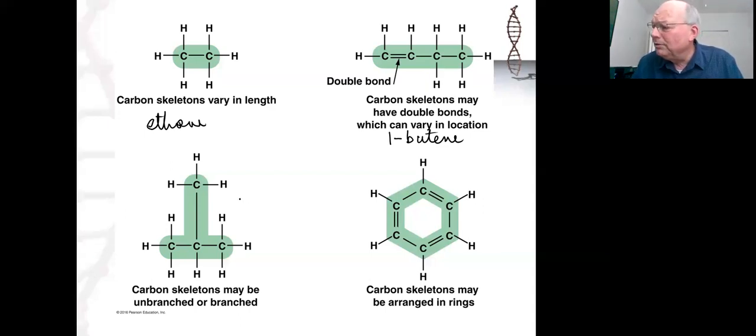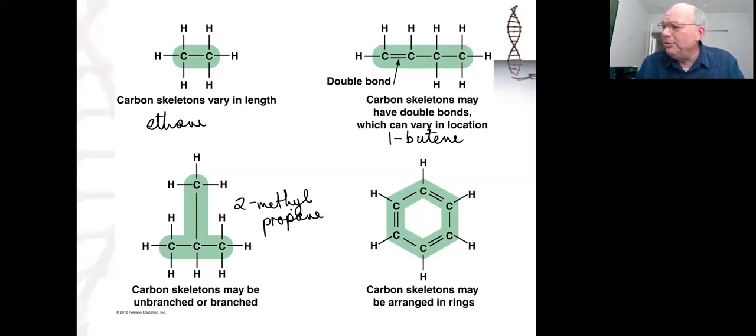This one is called 2-methylpropane. And the propane is because the longest continuous chain here is 3 carbons long. And then the 2 tells me that there's something attached to the number 2 carbon. That's the middle carbon here.